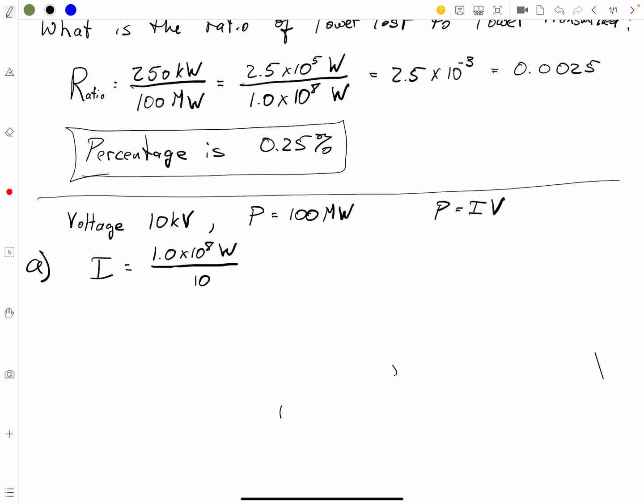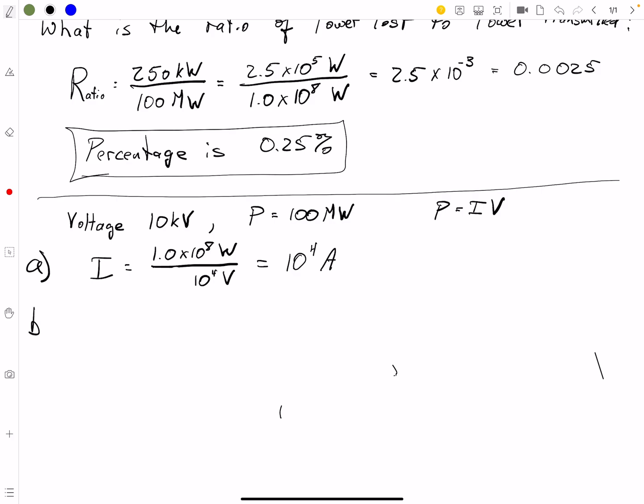It's just 10 to the 4. 10,000 volts is 10 to the 4 volts. So we end up with 10 to the 4 amps. Okay. 10 to the 4 amps.